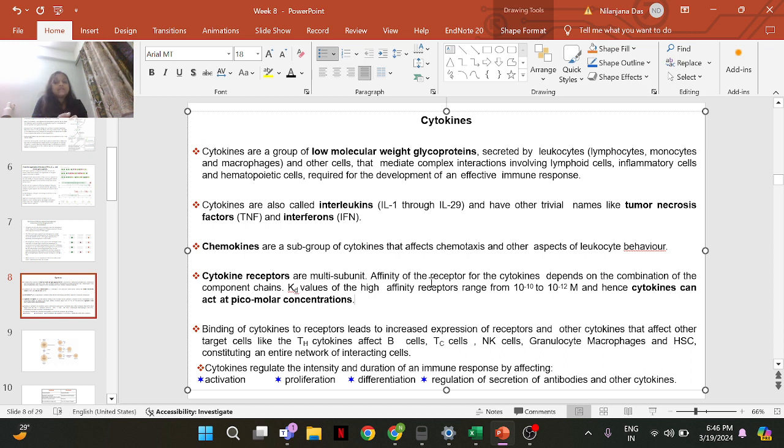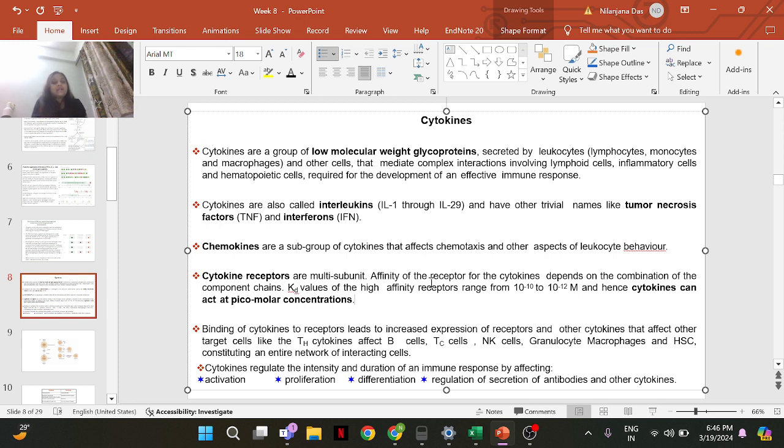So you can understand, a low KD value means there is a stronger affinity. So even at a very small level, the cytokine can interact with the receptor and activate the signaling pathways.